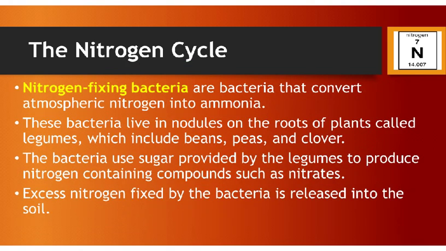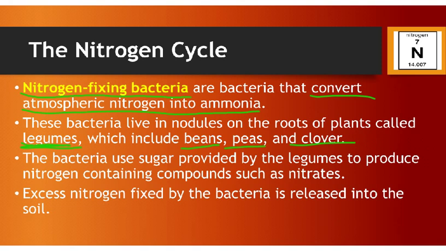So nitrogen-fixing bacteria, as their name implies, fix nitrogen, but what they do is they convert nitrogen from the atmosphere into ammonia or an ammonia-like compound. And we can find these bacteria at the roots of the legumes, which are a type of plant, and those are tasty plants like beans and pea plants, but also clover.